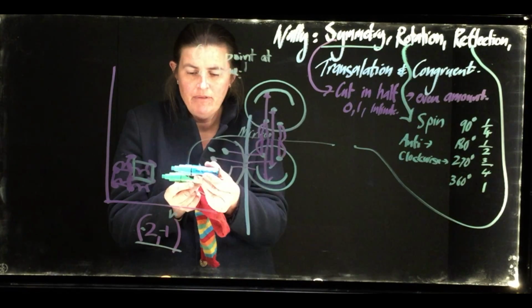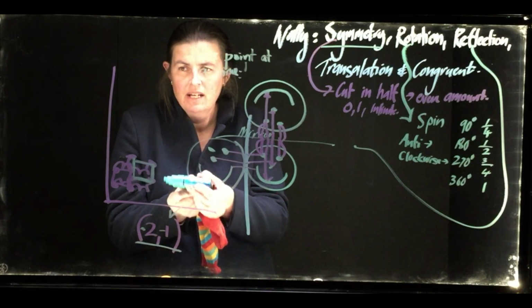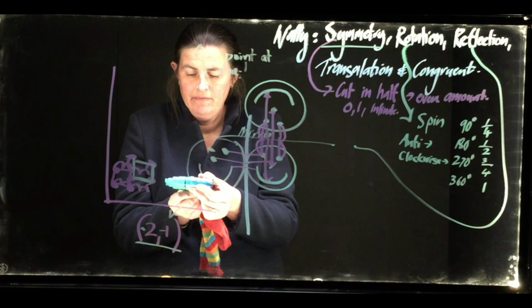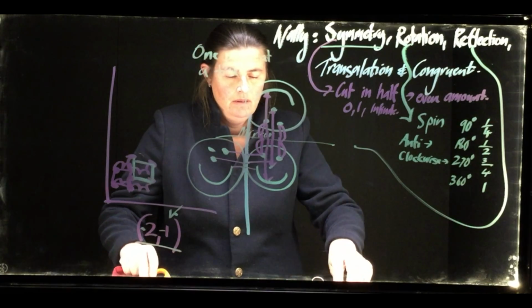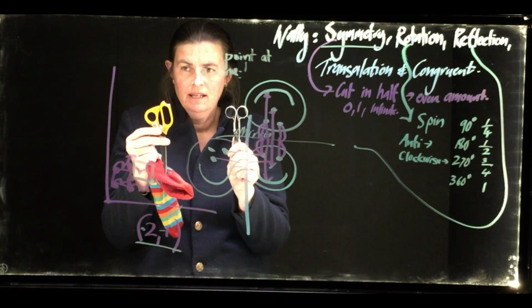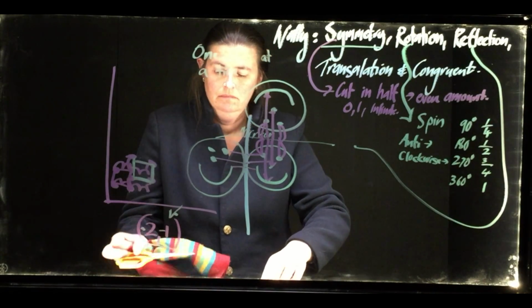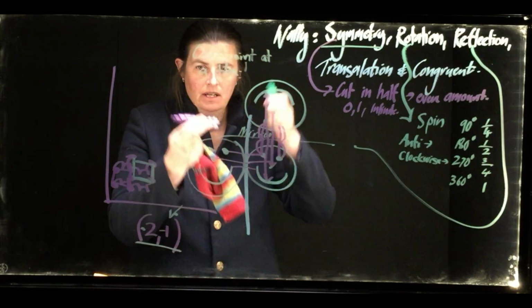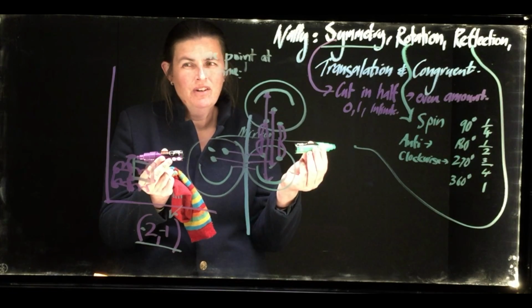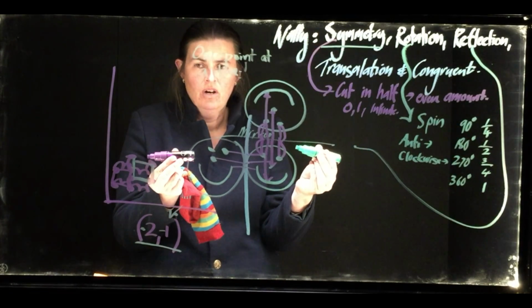I could pick it up from where it was and put it in the front, so it is congruent. Similar, but not congruent. This is dangerous. Similar, but not congruent. Congruent.